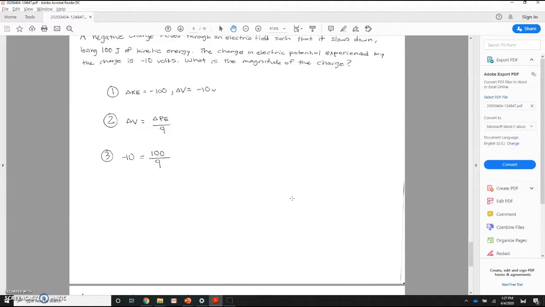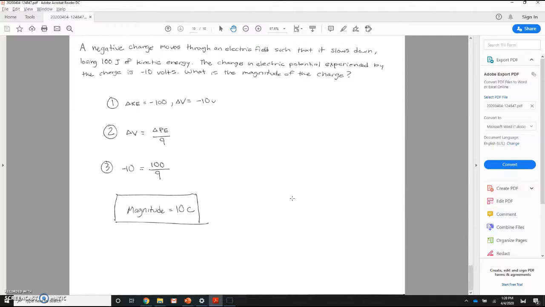So we plug those in, we have negative 10 equals 100 divided by Q. To find Q, we need to know 100 divided by what equals negative 10. We know that if we divide 100 by negative 10, we would get negative 10 as our answer. And it is asking for the magnitude of the charge, so the magnitude of the charge would then be 10 coulombs. So that is all that I have prepared, and I hope you guys have learned a little bit more about electric potential.